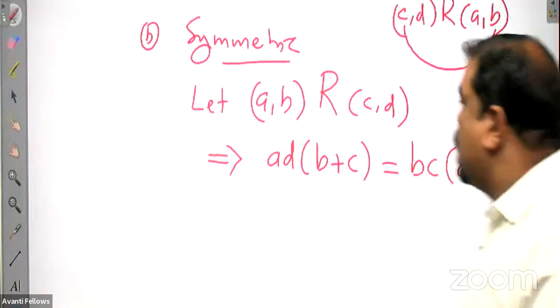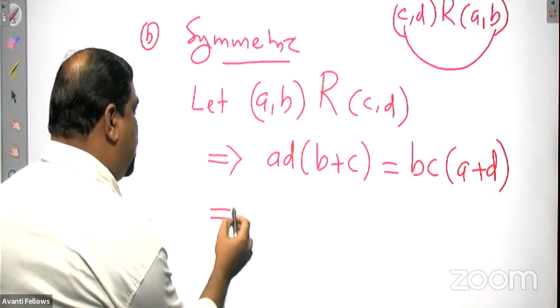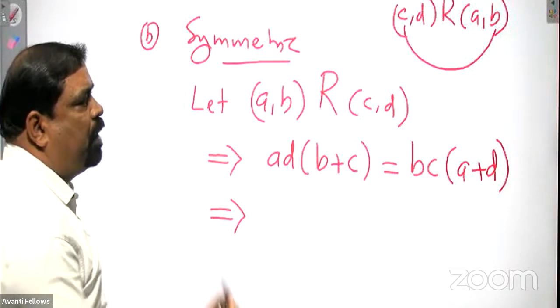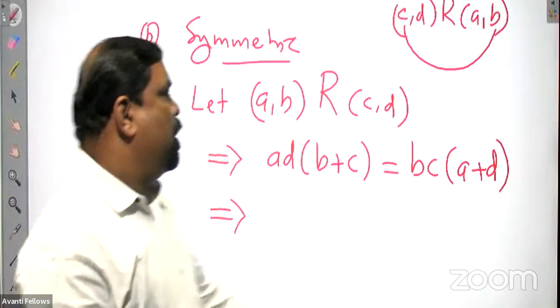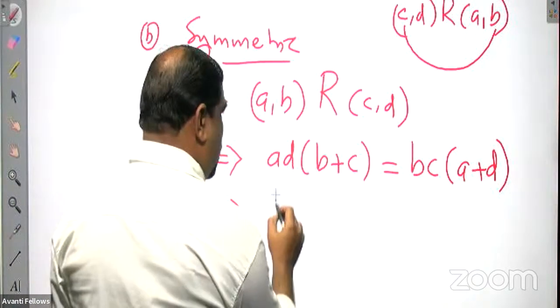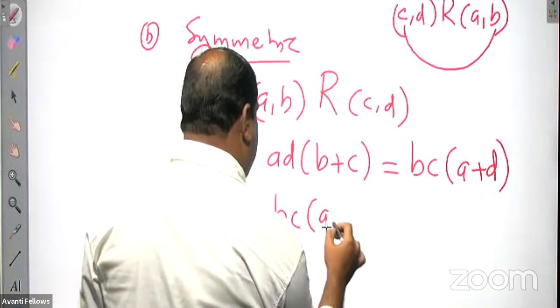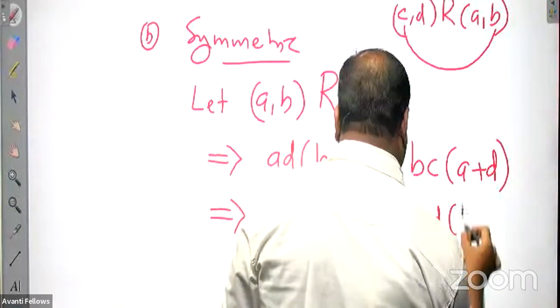That is the required condition. So from here, we have to reach that condition. So let us reverse this equation: BC into (A + D) write on the left side, and on the right side you write AD into (B + C).